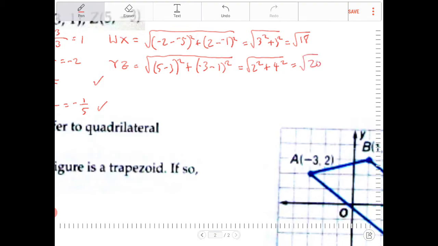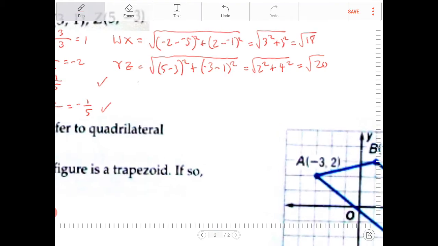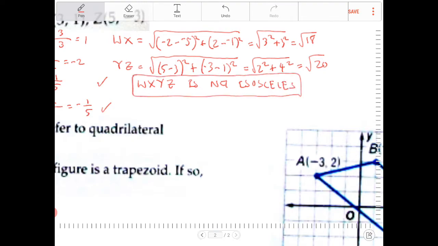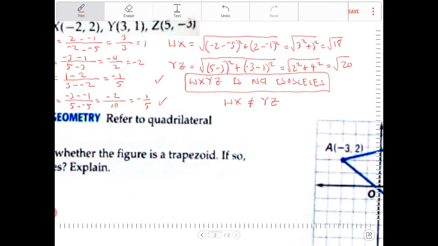This is square root of 20. So unfortunately, this is not an isosceles trapezoid. So WXYZ is not isosceles, because WX is not the same as YZ. Those are the two sides that are not parallel.